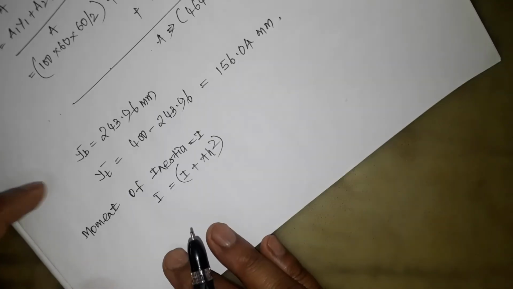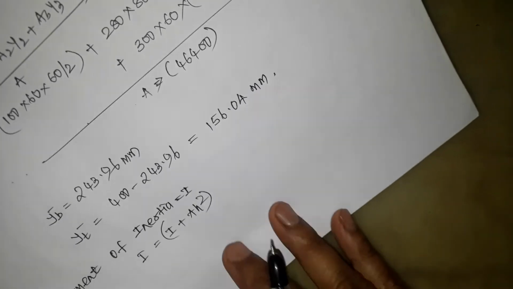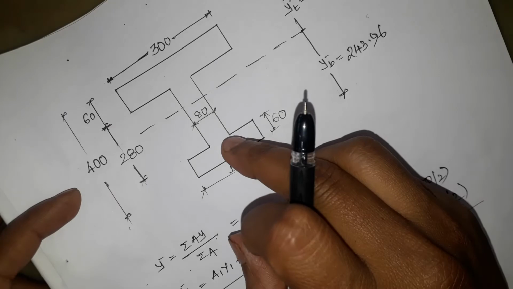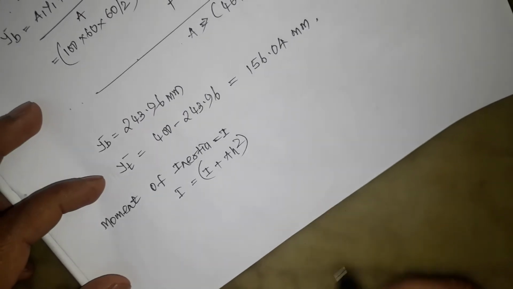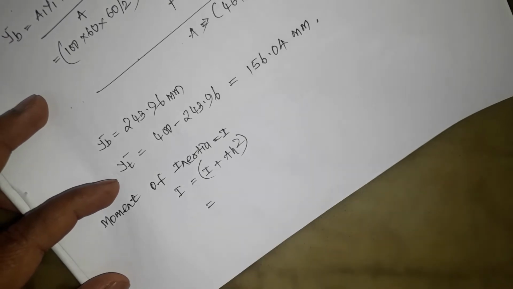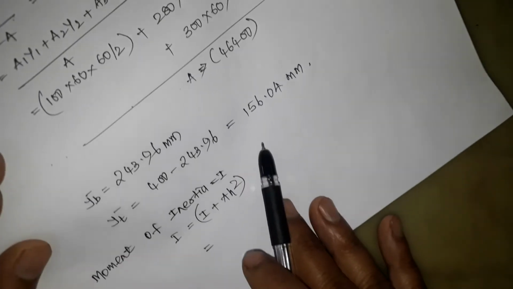So we have to divide this into 1, 2, 3 parts individually, find out each, and add. Okay, so we'll calculate here now. For the bottom flange, B is 100, T is 60. So 100 into 60 cube by 12.